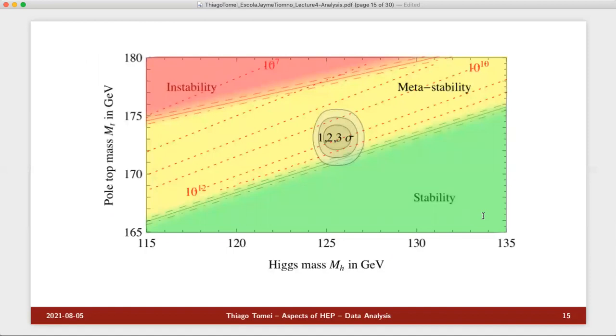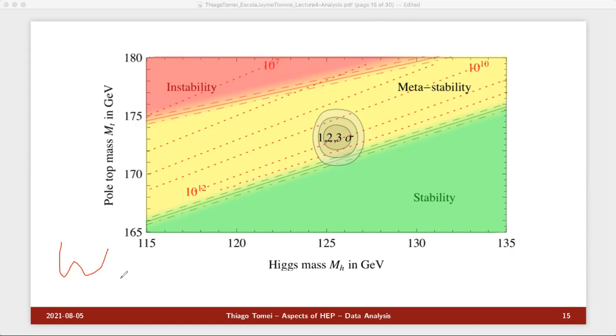By the way, this is what I mean, in slide 15, by what does it mean that the Higgs vacuum is stable or not? Turns out that if you calculate the properties of the electroweak vacuum, remember from the first lecture, the Mexican hat thing?